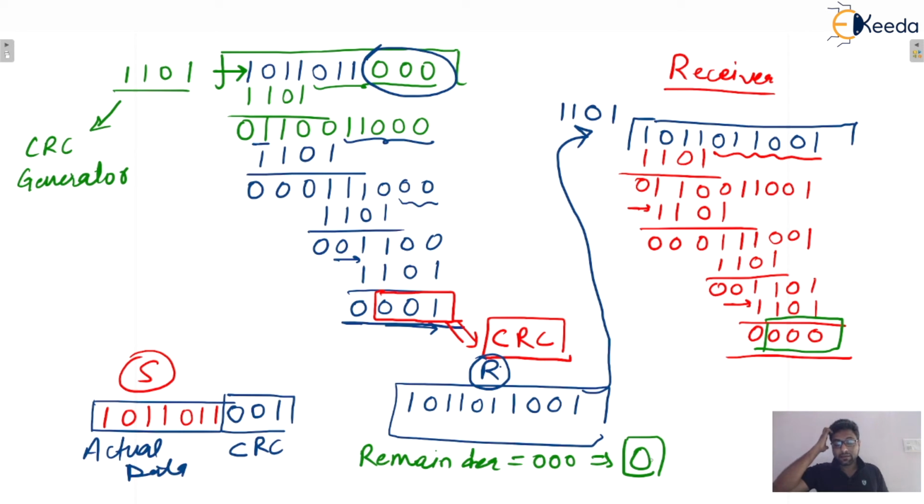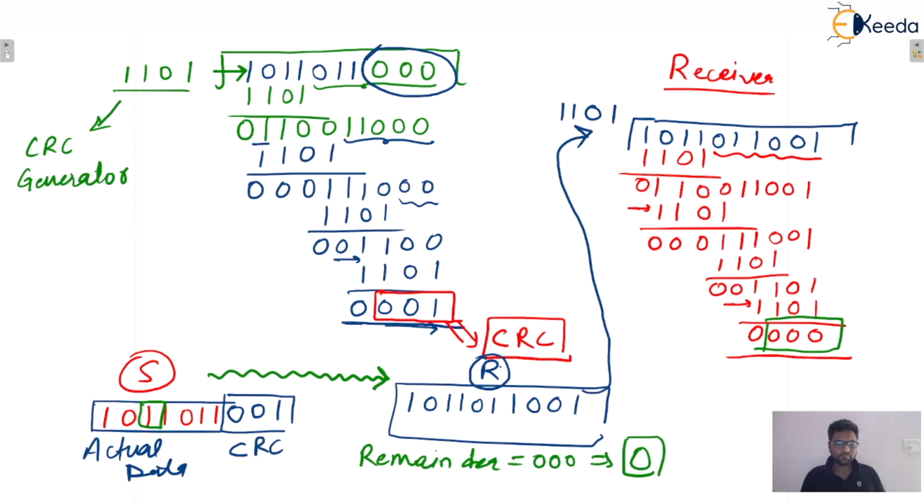If there is an error, then this remainder will not be equal to 0. Let us suppose while transmitting this data, this bit gets corrupted, or modified. Then what will the receiver receive?